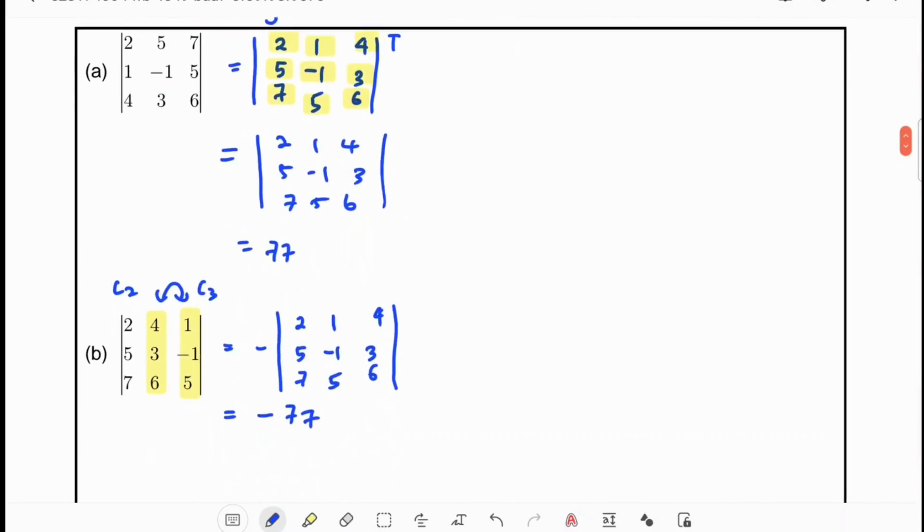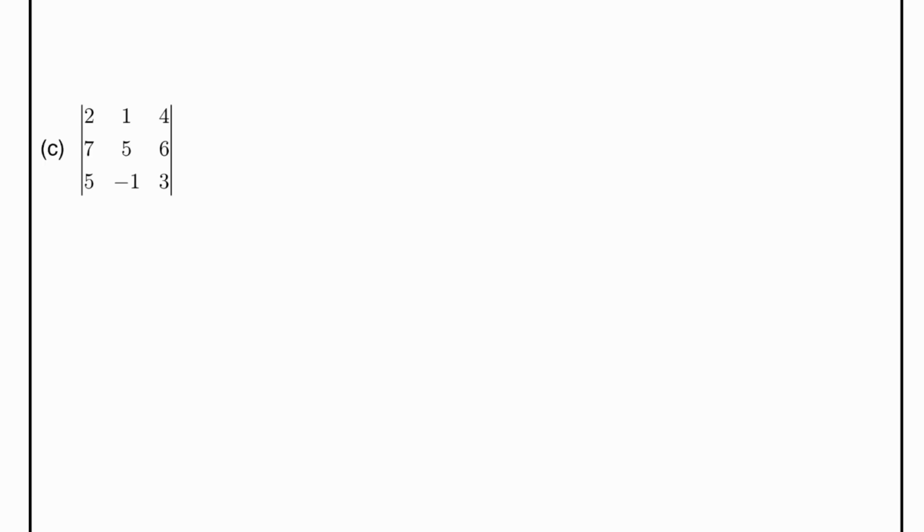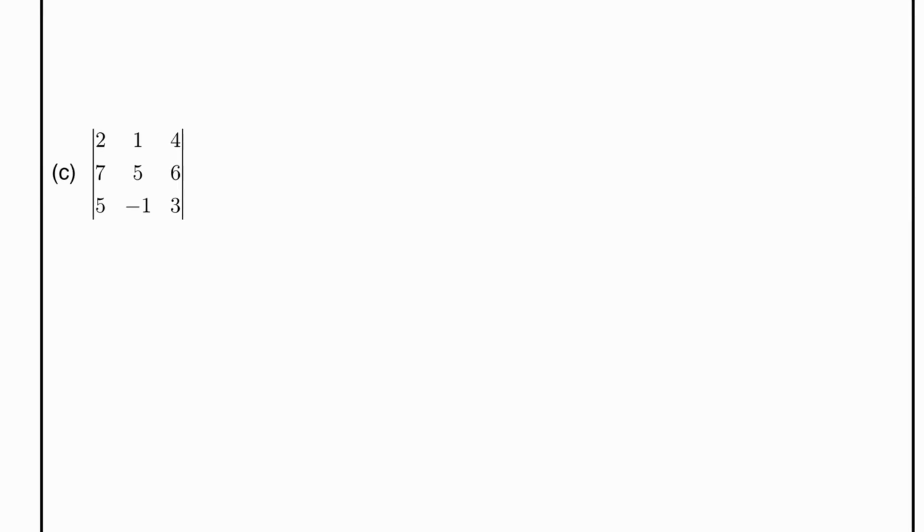Okay, we're done. So, the last example. Take a look at all the entries. If you compare C with the question, we can see there is an interchanging between the second row and the third row.